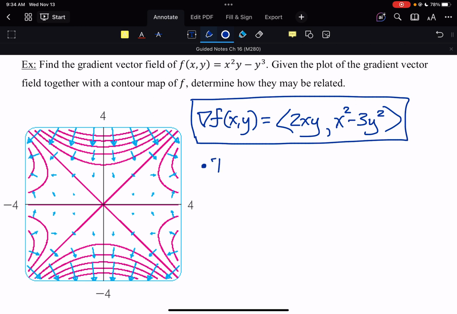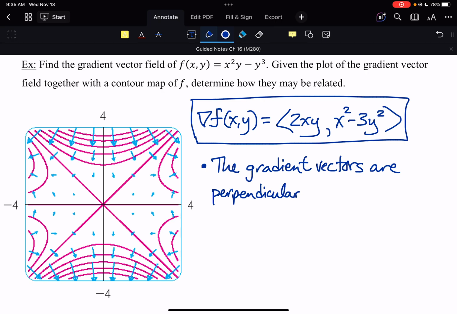It turns out the gradient vectors are perpendicular to the level curves. So the gradient vectors are perpendicular to the level curves. They cut through the level curves.